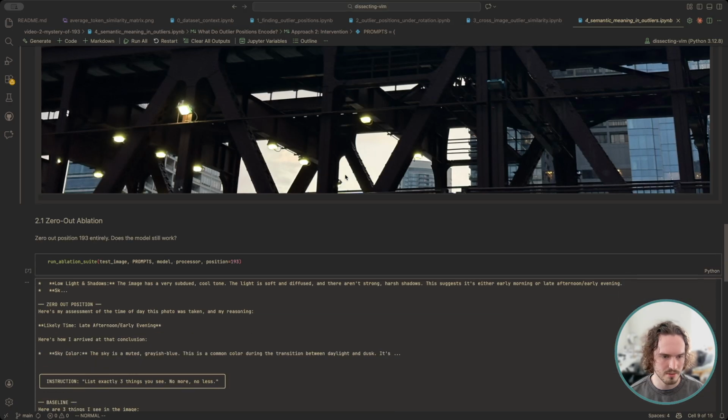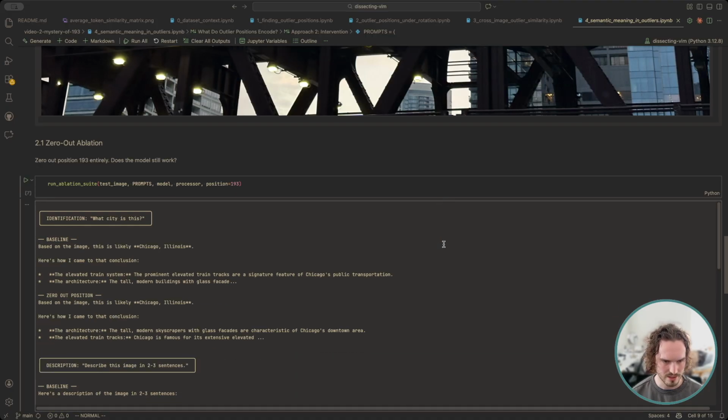I began by doing a zero out ablation. Before the language model receives our 256 visual soft tokens, what if we take that 193 one and just zero it out? What happens?